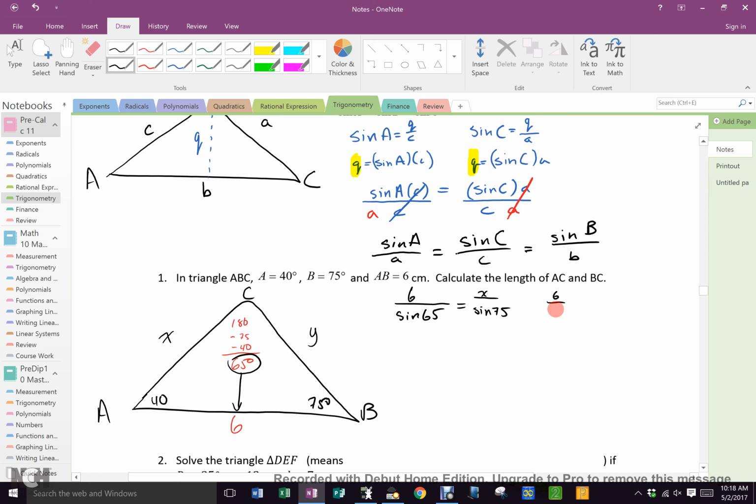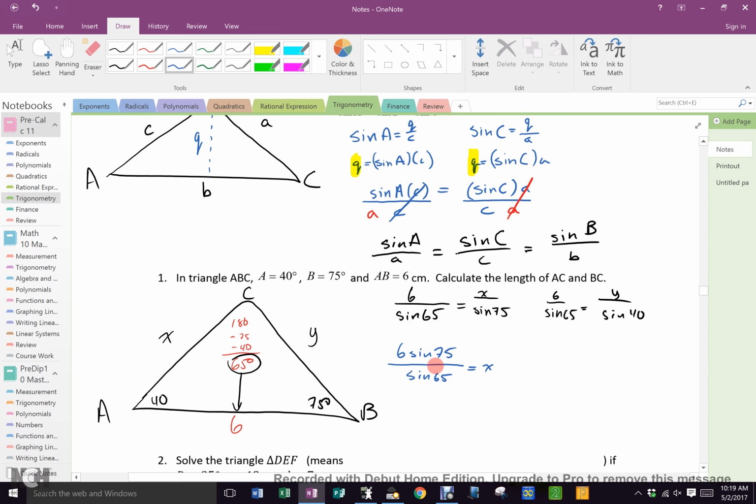And I have 6 over sine 65 also equals Y over sine 40. Now, how do you solve that? How do you solve fraction equals fraction? Cross multiply. So it is 6 sine 75 divided by sine 65 will get me X.